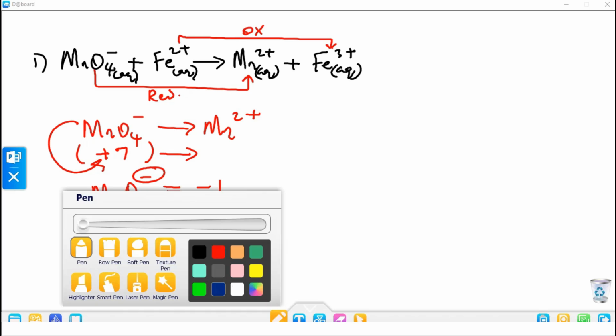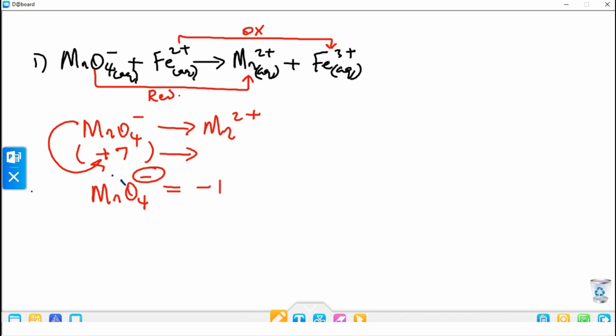So this oxygen there has oxidation of -2. Apart from this -1 here, this -1 is for the whole atoms here, and that is why it is referred to as a radical. So it's for all of them, and we have equated it here, -1. But oxygen itself has oxidation state of -2. So since I'm trying to look for the oxidation state of manganese, I'm still going to bring down my manganese.